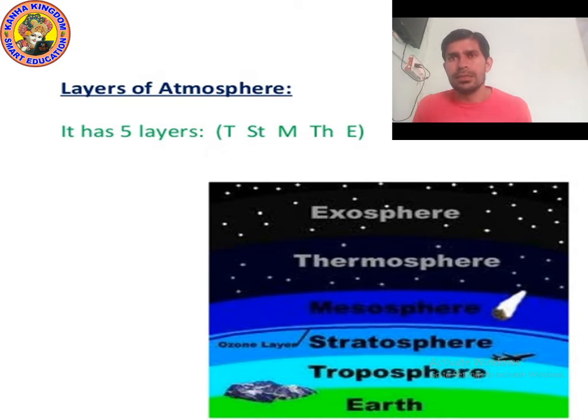Troposphere is the first layer and exosphere is the last layer. So we can divide the atmosphere into five categories.